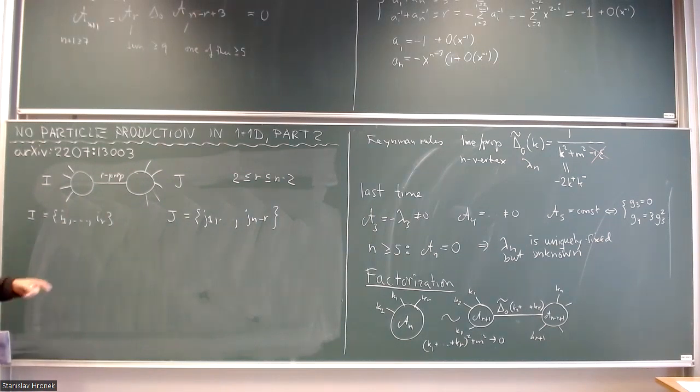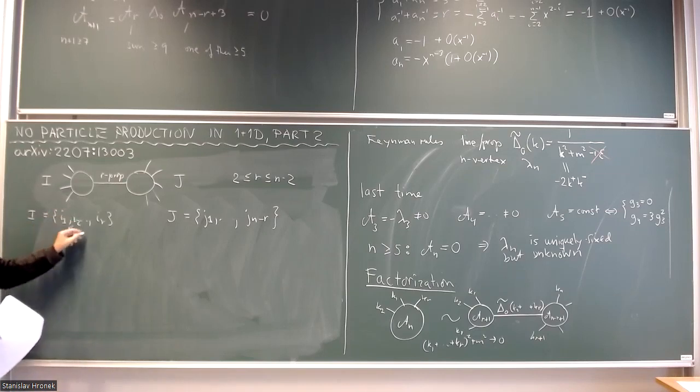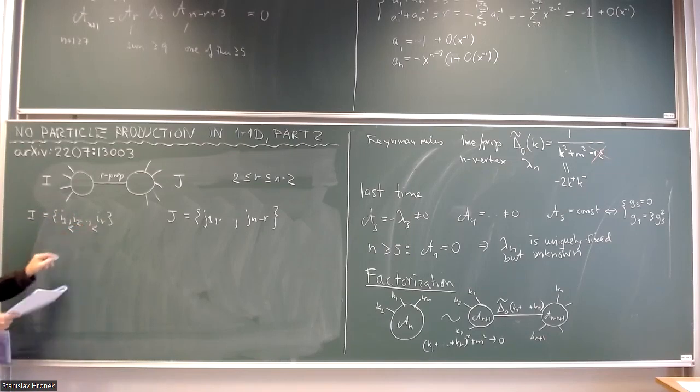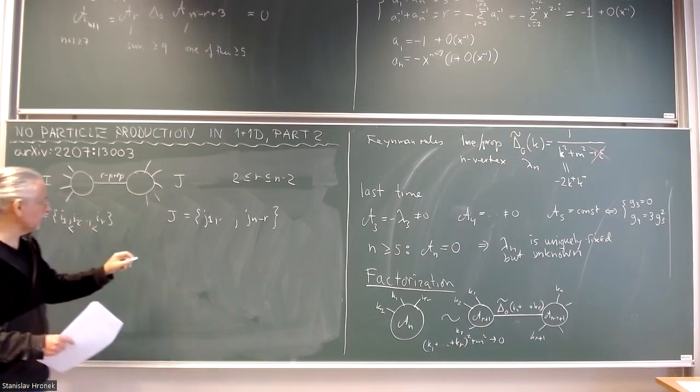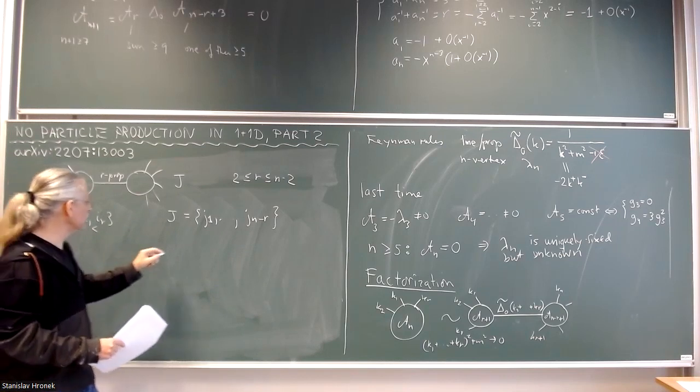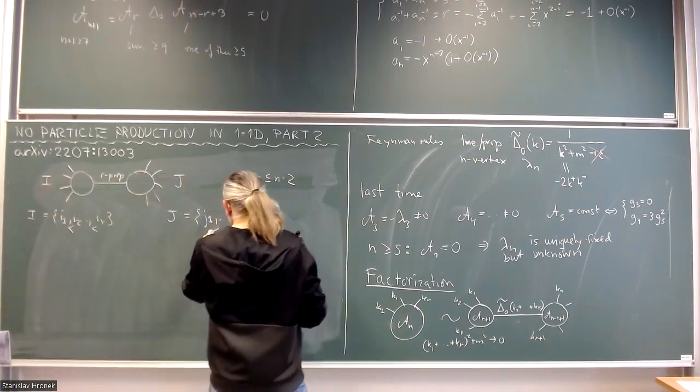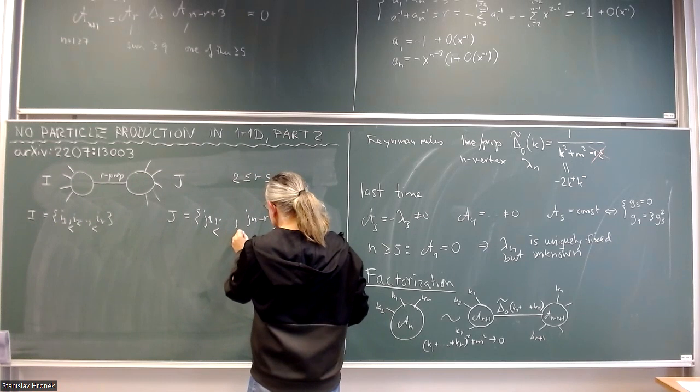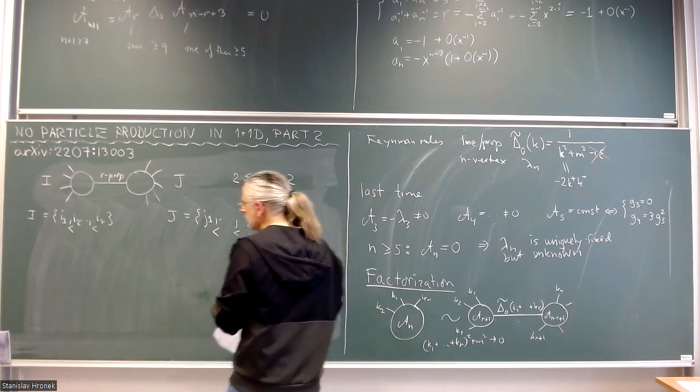The other thing I'm trying to convince you of is that we can assume that I1 is less than I2, and so on. We can also assume that J1 is less than J2, and so on.